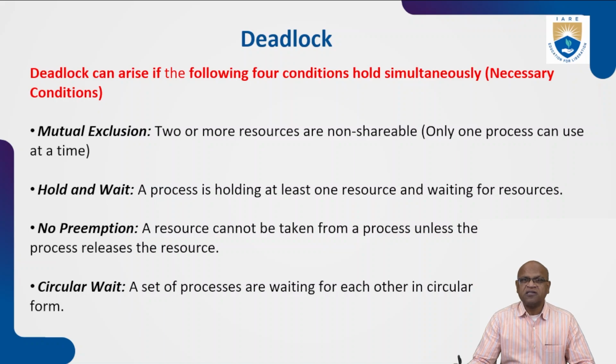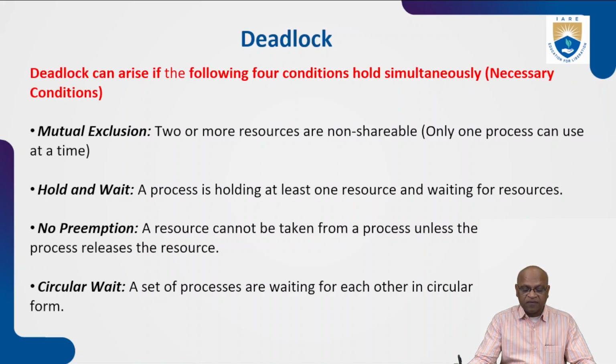No preemption means we cannot force process 1 to release its resource. Because of this, a resource cannot be taken from a process unless the process releases it itself after completing its task. That's called no preemption.